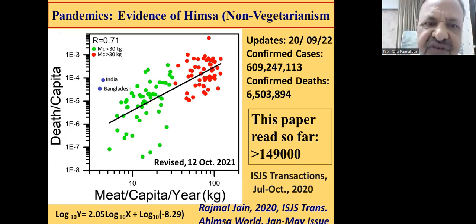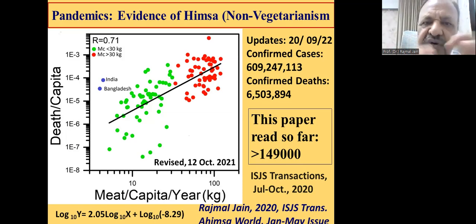Those countries which eat meat per capita per annum less than 30 kg. The red color points show, in this plot, those countries which eat meat per capita per annum more than 30 kg. Then the green are less than 30 kg.